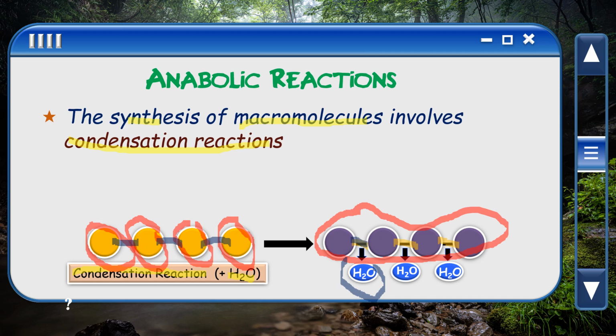You release another water molecule, then we shall form a bond. You release another water molecule, we shall form a bond. Which means that for us to form these bonds, we have to eliminate water molecules. And that elimination of water molecules, when we are forming bonds, is what we call condensation reactions.